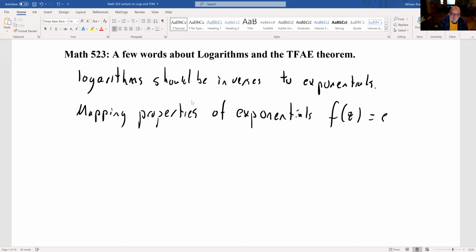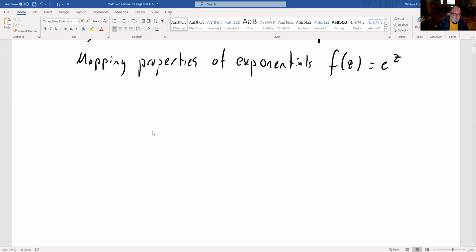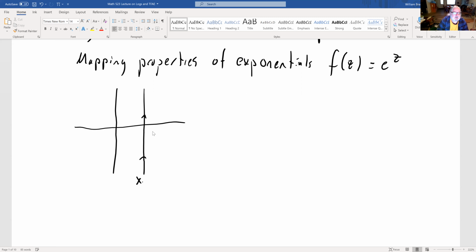In particular, e to the z, because this is one of the homework assignments. So what we know about e to the z is if you take a vertical line, and we'll call this x equals a, then e to the z maps that to a circle.